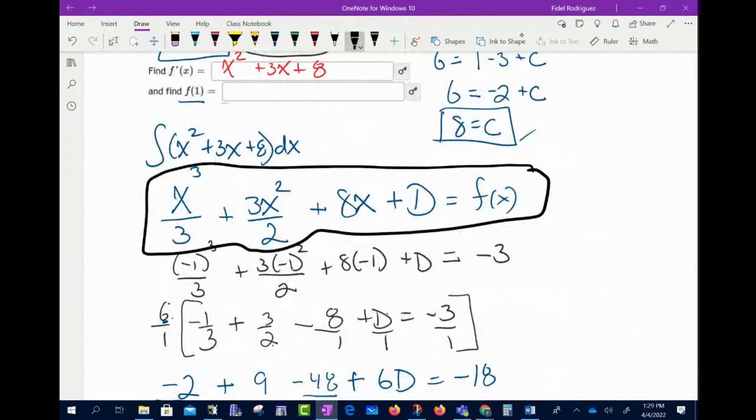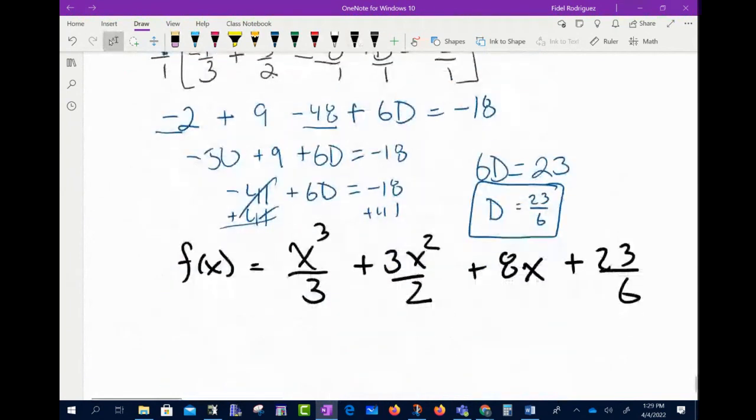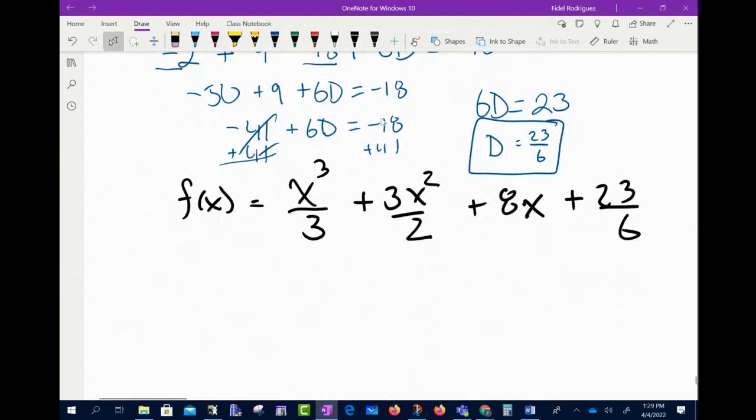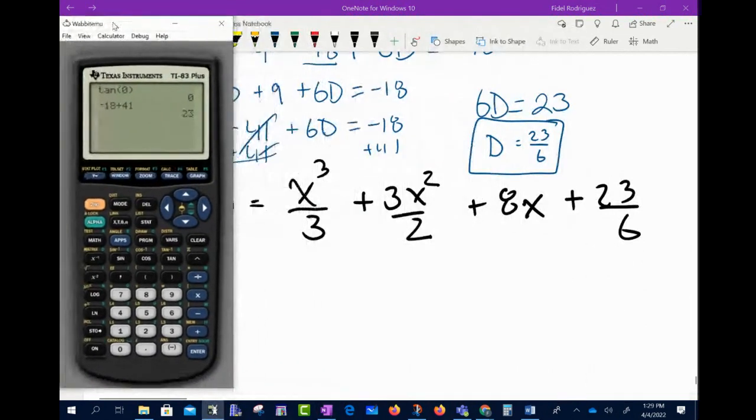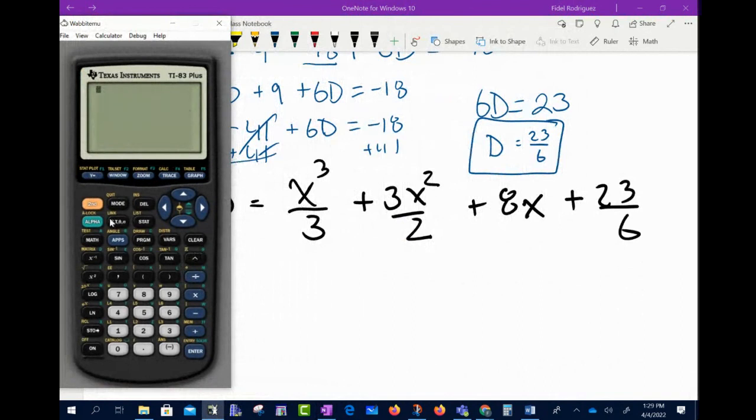The question is asking me, can we find f of 1? You know what? We can. And the way I would do this, if I was sitting where you are sitting, is go to y equals. I'd put x to the third, and I'll probably have to put that in parentheses because of the operation.